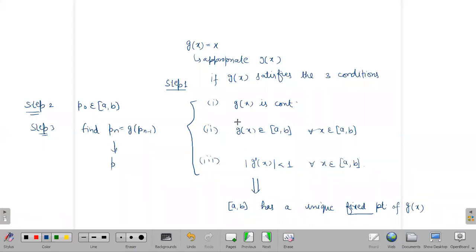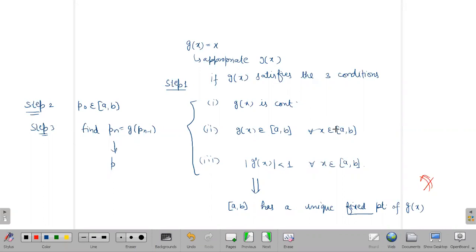Okay, so now we have taken this one-sided result: if these three conditions are satisfied in any interval, then that interval will contain one fixed point. Now, what about the converse part? The converse means if any random interval has a fixed point of this function g of x, then g of x will satisfy those three conditions. Actually, this converse is not true. If the three conditions are satisfied by g of x on any interval, then we ensure that interval will contain a fixed point.